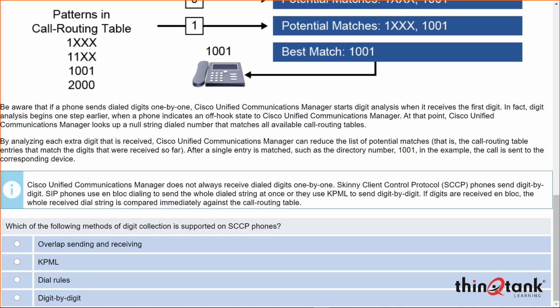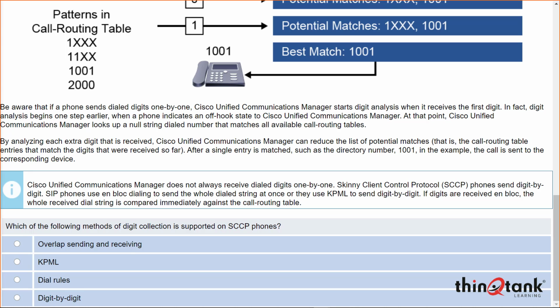But if you're doing digit by digit analysis, the digits are going to Call Manager faster, and Call Manager is analyzing those digits faster, but that doesn't mean you're doing N block dialing in that case. It would actually have to be how the phone is configured to identify whether it's doing digit by digit dialing or N block dialing.